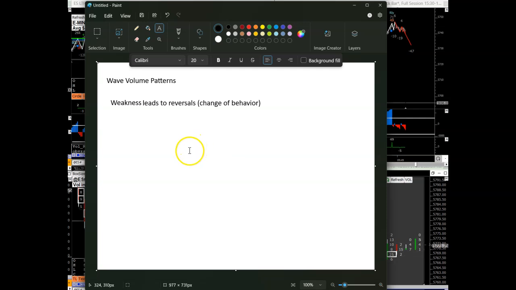All right. So weakness leads to reversals or change of behavior, and let's draw it out.